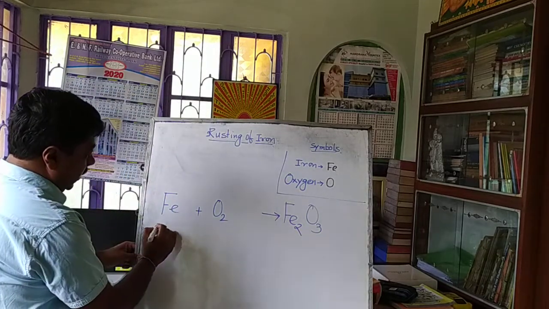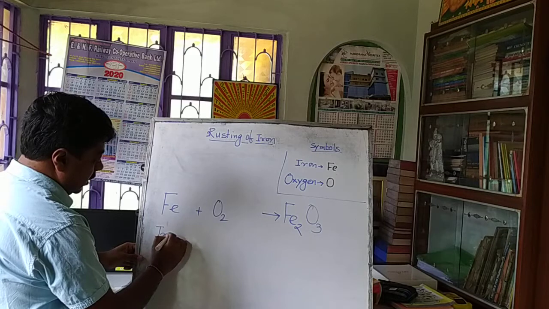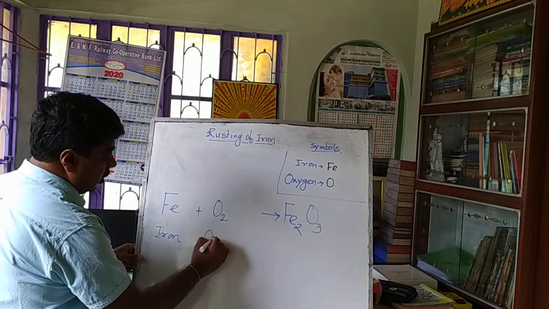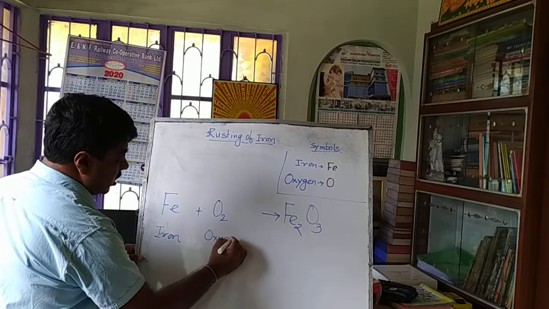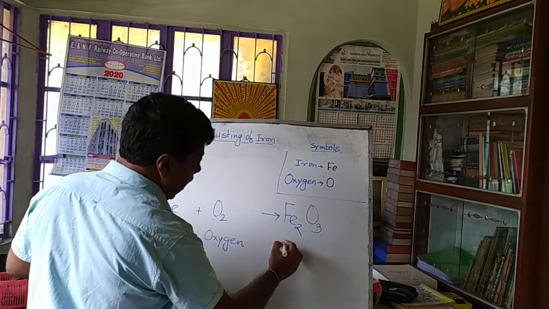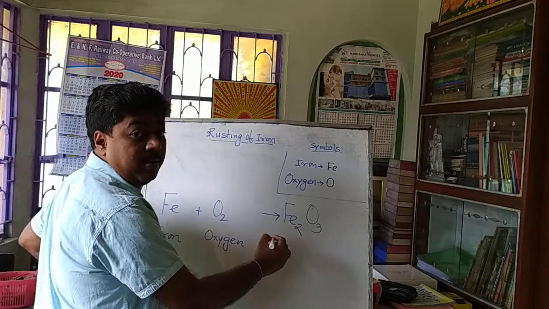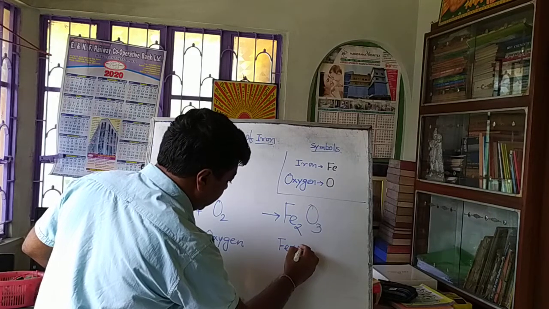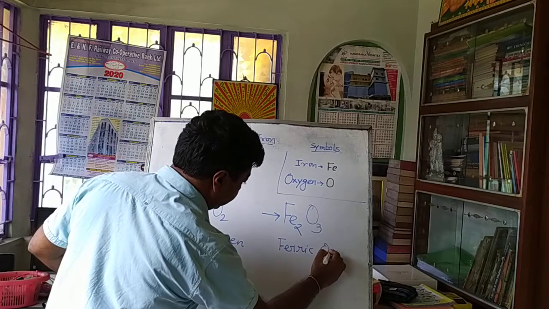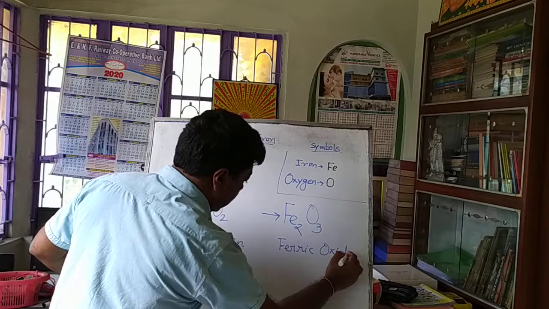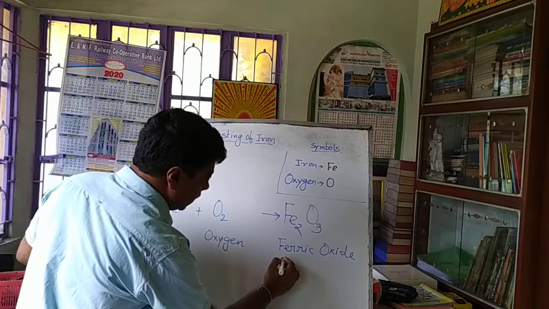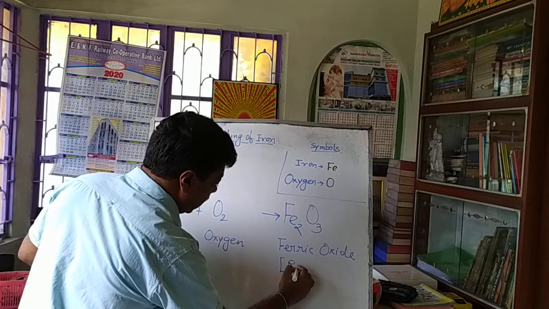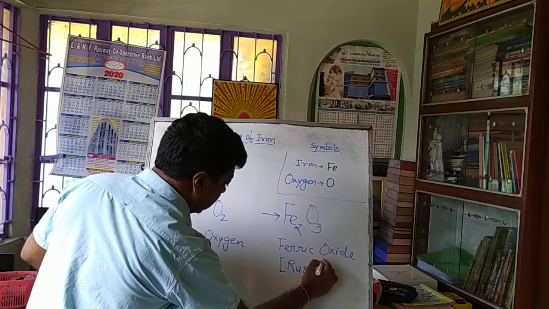So let me write the names. Iron reacts with oxygen and it becomes what? Ferric oxide, commonly called rust.